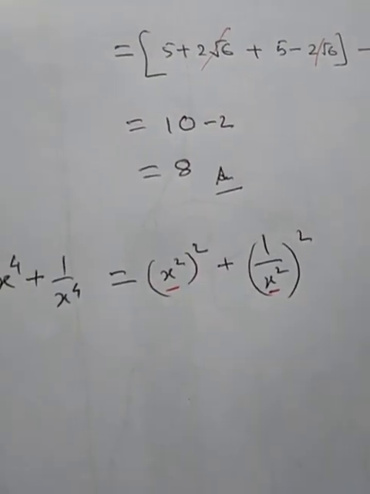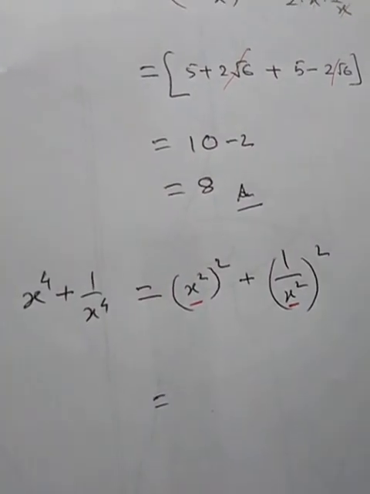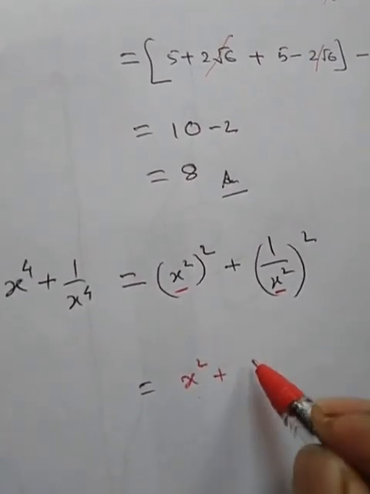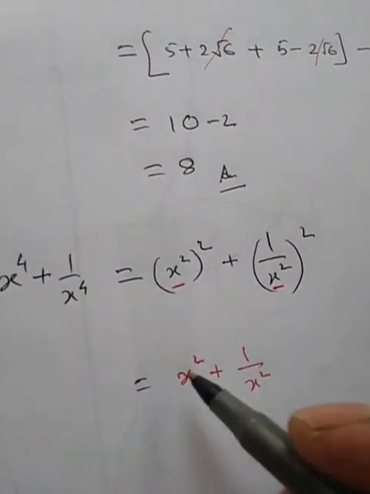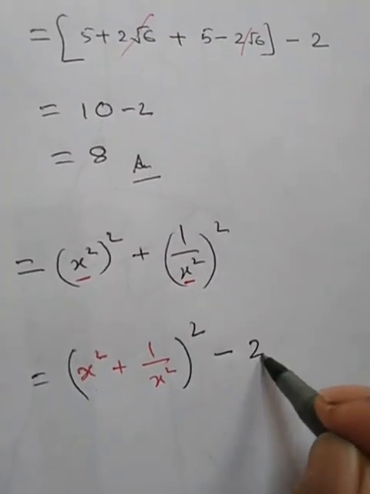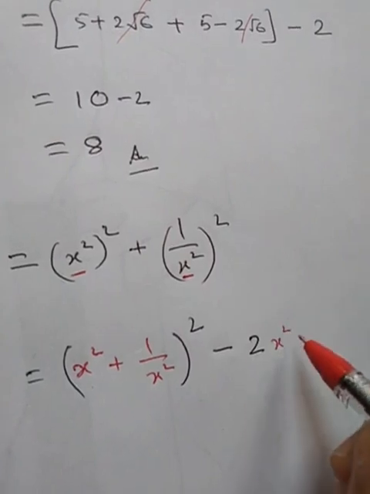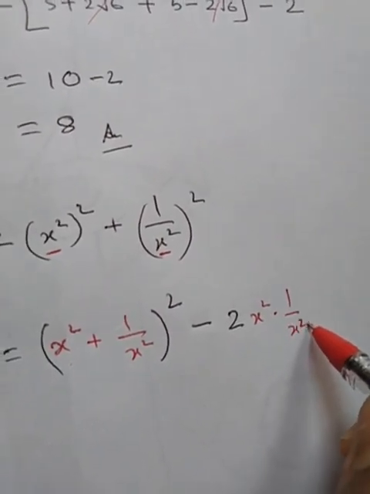So here we'll write this as a plus b whole square minus 2ab. Your a is x square and b is 1 by x square.